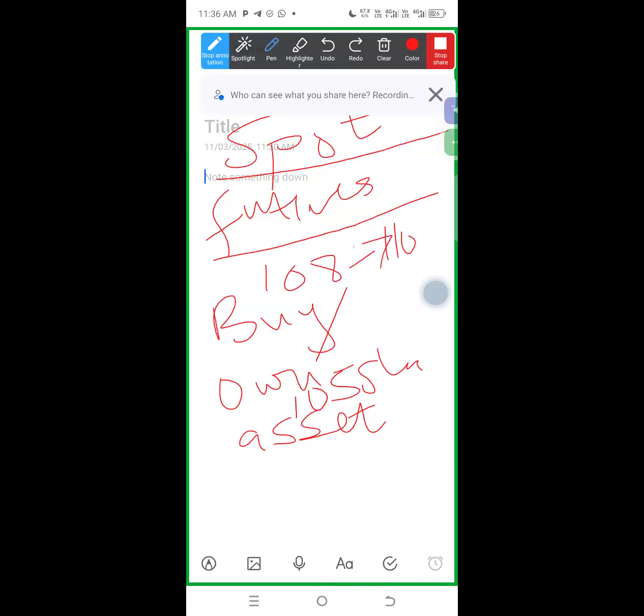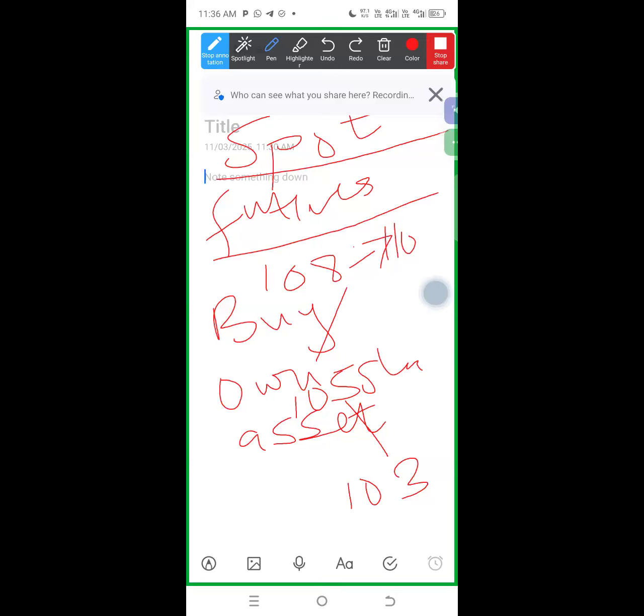From 105, instead of rising back to 110 or 108, it dropped from 105 to maybe 103. Which simply means, in an actual sense, yes, you are running losses because it is going against you. But you decided not to sell the assets because you bought them to make profit, not loss.